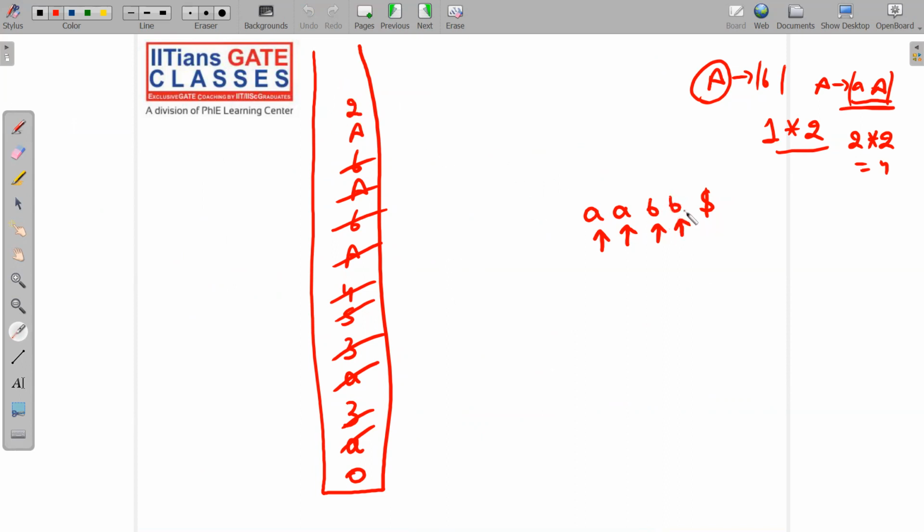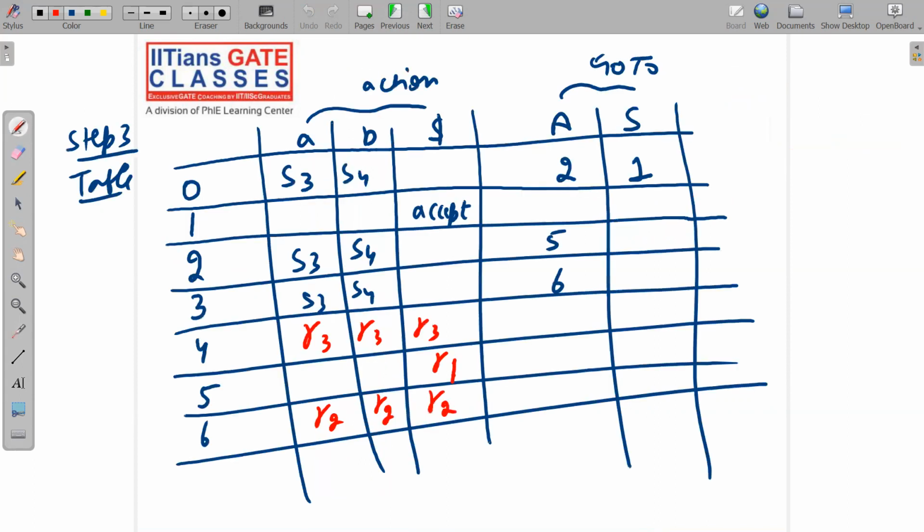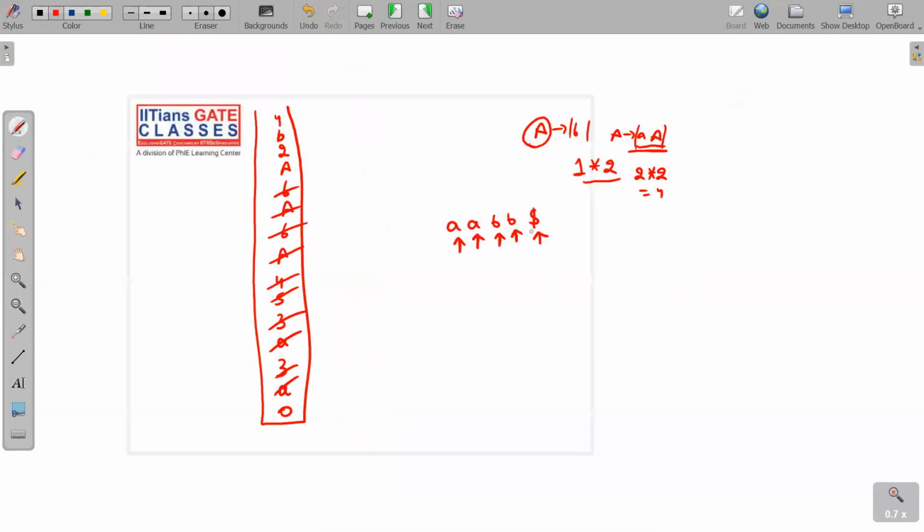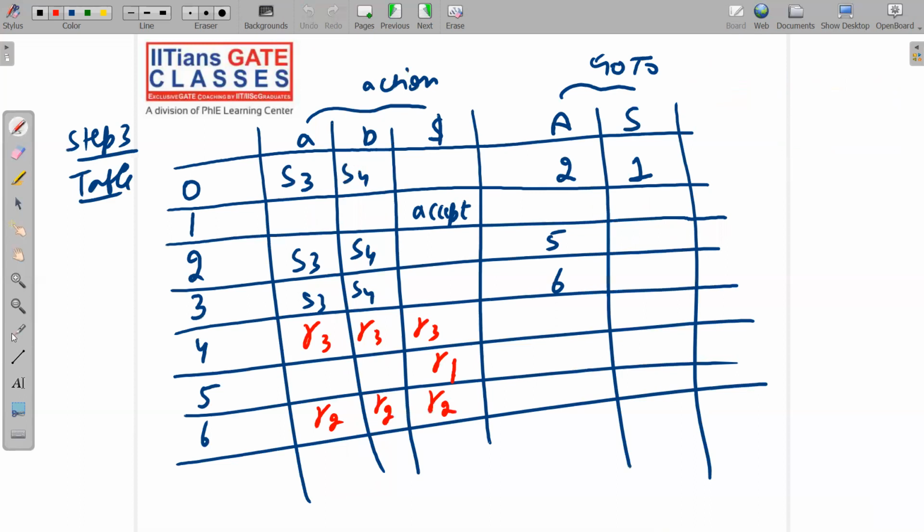Now 2 on small b. S4 was there, no? 2 on small b, S4. So b will be pushed onto the stack and 4 will be pushed onto the stack, and the look ahead pointer will point to the next symbol now. So now 4 on dollar, R3.